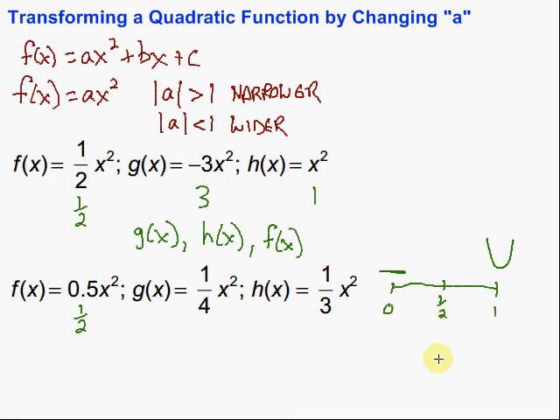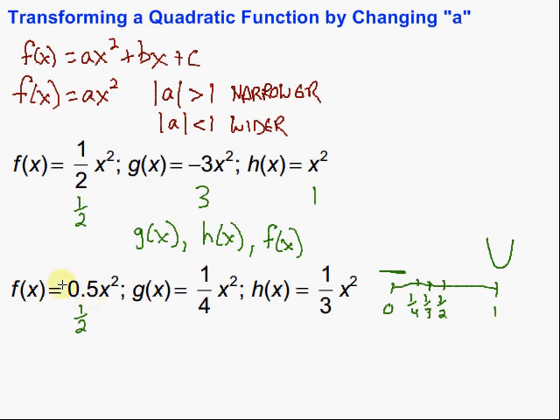So 1/2 would be right here. 1/4 would be over here. That's half of a half. And 1/3 would be between those two, somewhere about there. So 1/3 would be there. So if I want them from narrowest to widest, I just read here from the right.